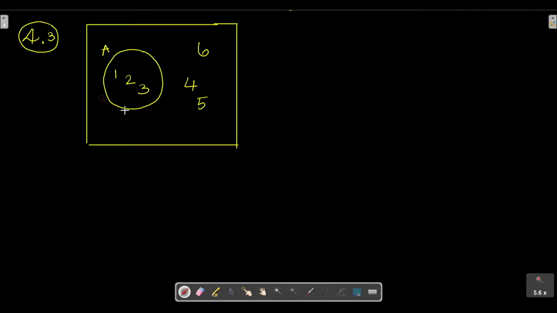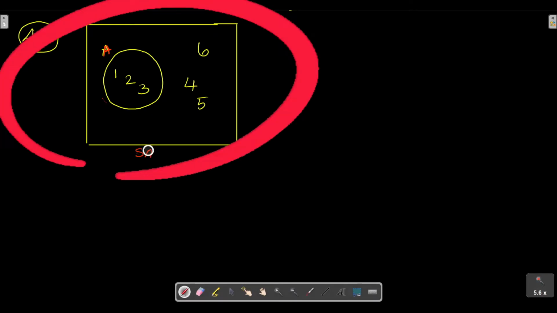This circle here, we can call that circle A. If I say to you, calculate the probability of A, you would count all the values that are inside the circle and divide it by the total outcomes that we have in this whole sample space.